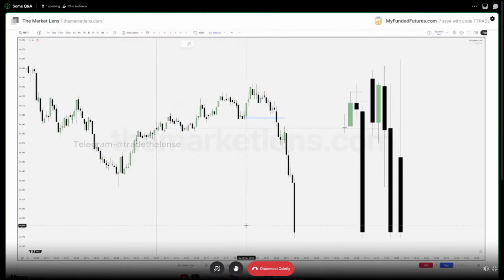Anyways, maybe I'll just draw it out manually: 8:30, 9, 9:30. If you look, we don't have a candle 2 closure, because candle 2 doesn't close back inside the previous bar. However, candle 3 closes below the opening price of that.